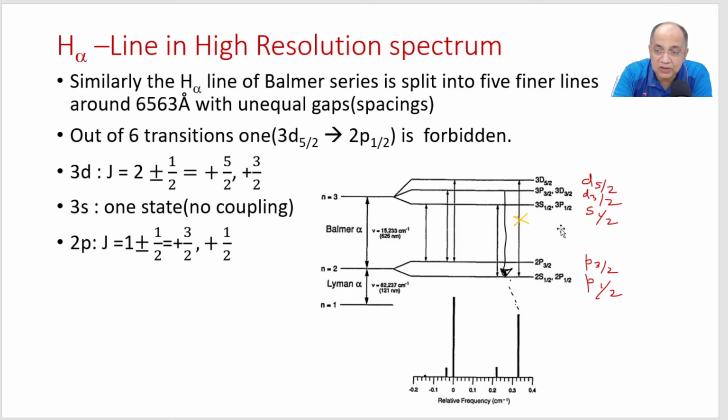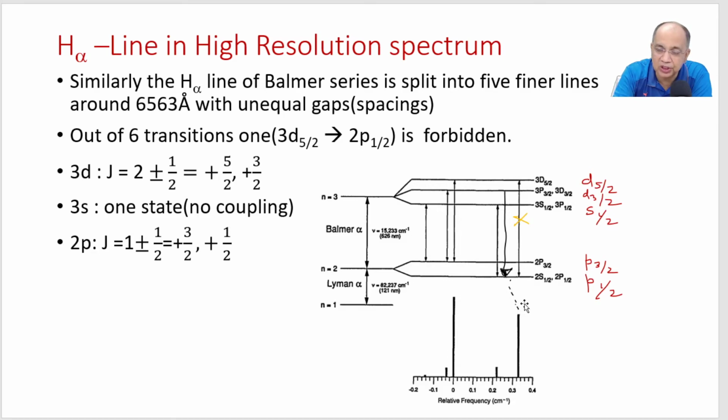So out of these transitions, this transition is not allowed. This 5 by 2 to half, the J value differs by a factor of 2. 5 by 2 minus half, that will be 2. 4 by 2 is 2. Delta J of 2 is not allowed in any transition. Delta J should be 0 or plus minus 1.